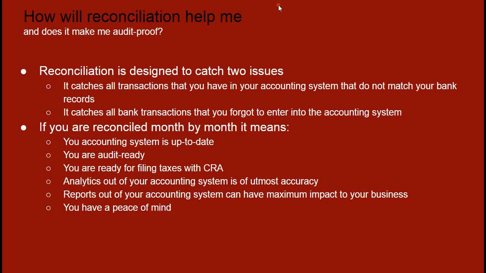And now we get into, of course, talking about how this helps you. How does this make you maybe even audit-proof, if you will? So the reconciliation process, of course, is a law society requirement to begin with, and hence it's important that you do this.